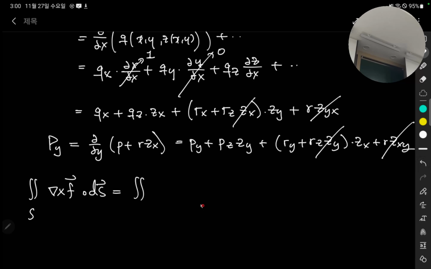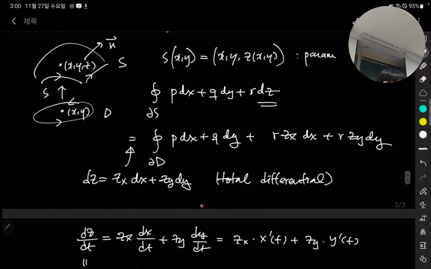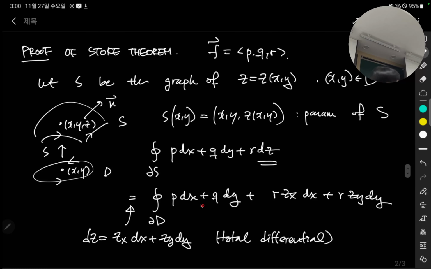Let's say the orientation is n. How do you set up the orientation? We decided that when you look from the positive z-axis, it will wind the boundary of D in the counterclockwise direction. Therefore, the orientation n should be pointing upward.